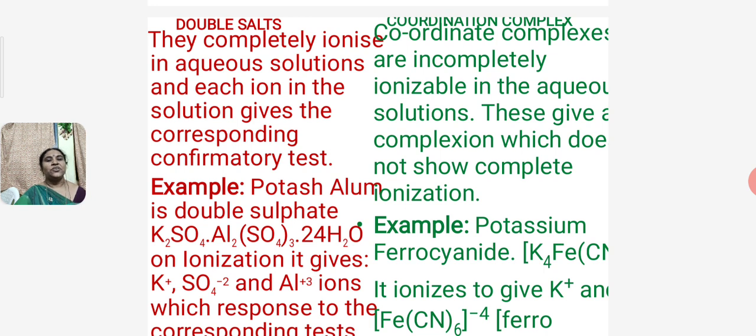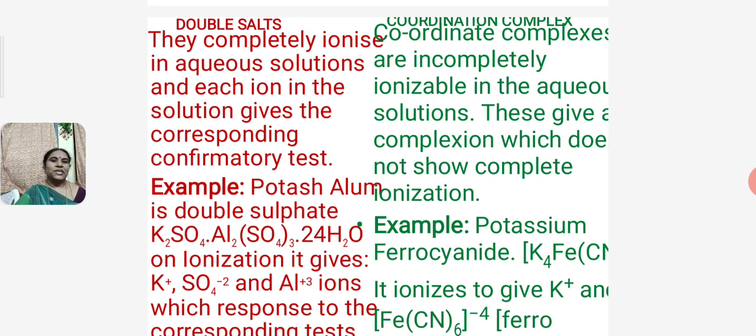That means when you are dissolving potash alum in water, it dissociates, producing three types of ions, K plus, SO4 2 minus and Al3 plus ions. And when you perform test to check the presence of these ions, they all respond to the test and give their confirmatory tests.